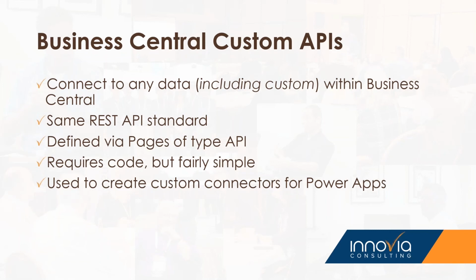They have added a new type of page. Like I said earlier, there are really only a handful or so of different page types in Business Central. And they've added one that's called a type API. What I do is I build my page. I surface the data that I want on it.